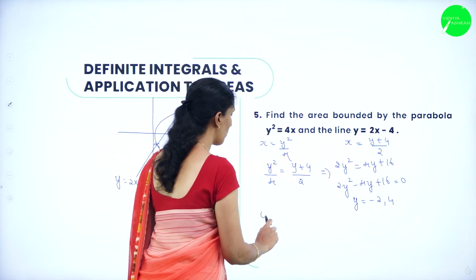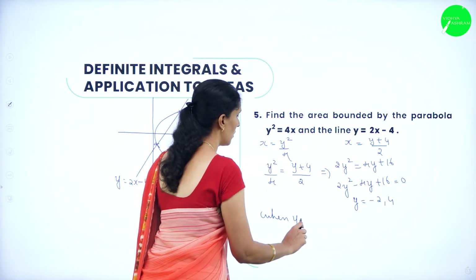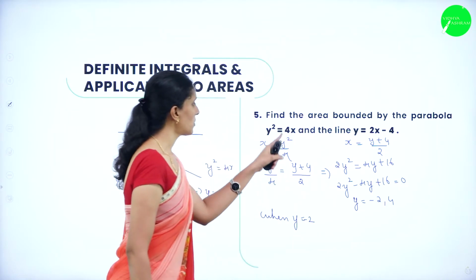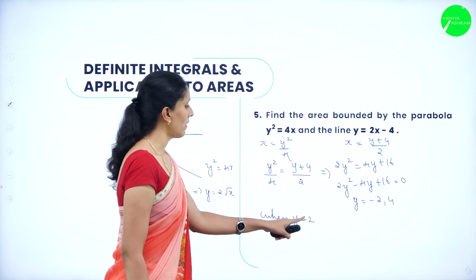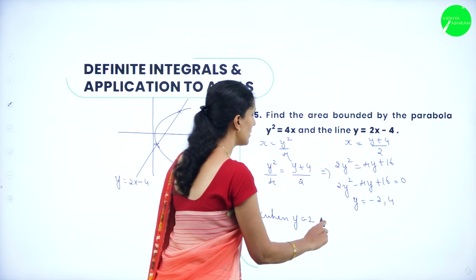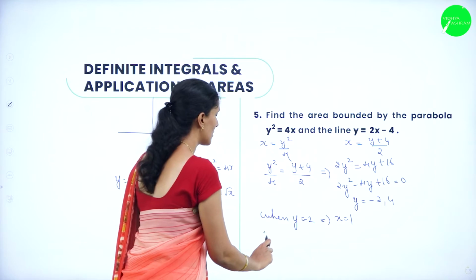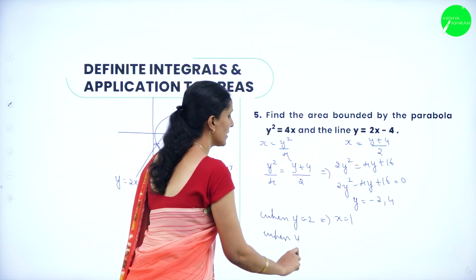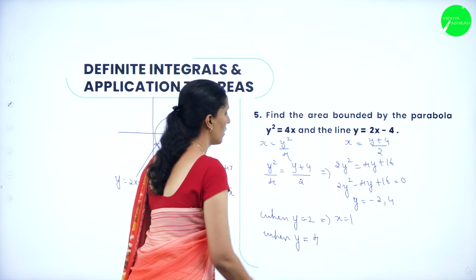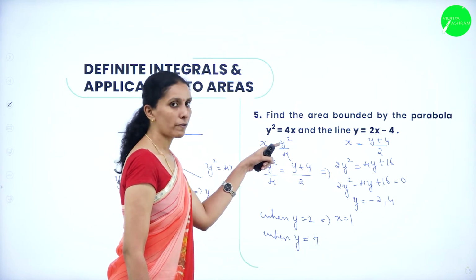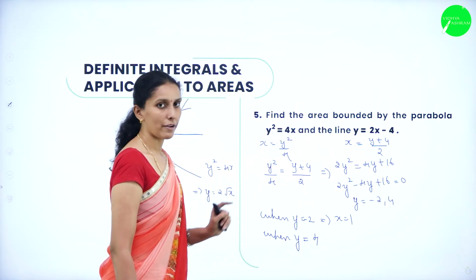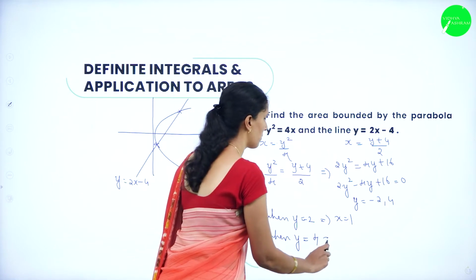So when y is equal to minus 2, what happens for x? Substitute in any one of the equations. When y is equal to minus 2, this implies x is equal to 1. What happens when y is equal to 4? If you put y is equal to 4 here, it is 16 by 4, so x is equal to 4.